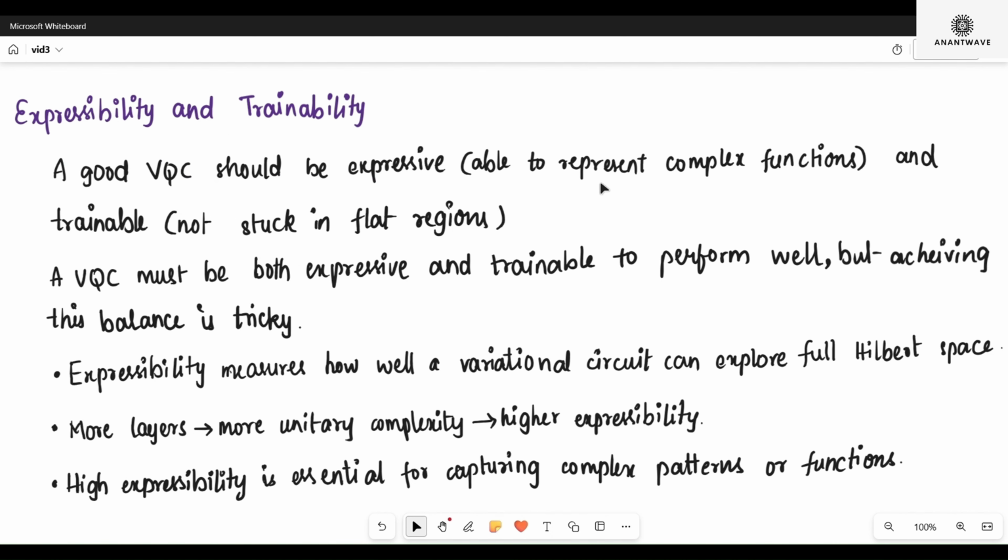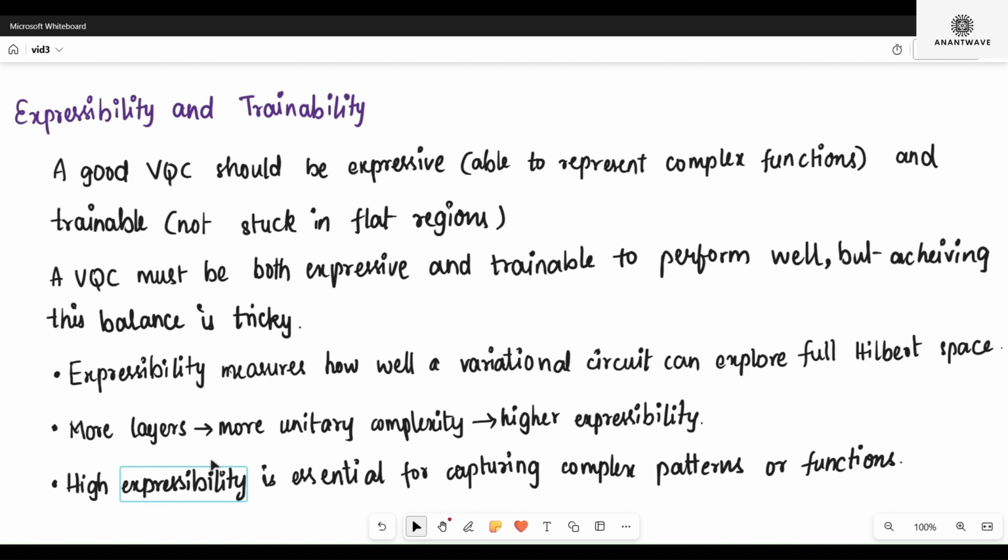Let's see what expressibility and trainability are. A good variational quantum circuit should be expressive, that is, able to represent complex functions, and trainable, not stuck in flat regions. A VQC must be both expressive and trainable to perform well, but achieving this balance is very tricky. Expressibility measures how well a variational circuit can explore the full Hilbert space.